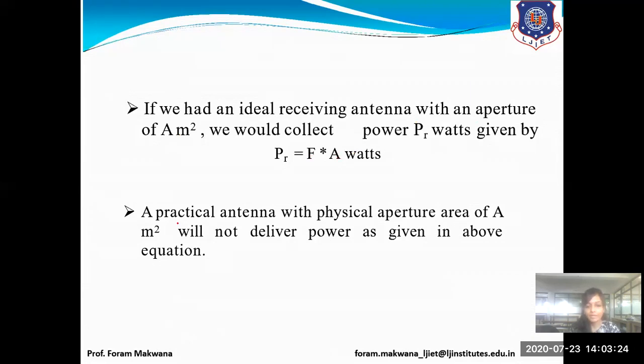A practical antenna with a physical aperture area of A meter square will not deliver the power as given in the above equation. Why? Because we need to consider its physical aperture as well as its aperture efficiency. That's why we need to again derive this received power in terms of aperture efficiency.